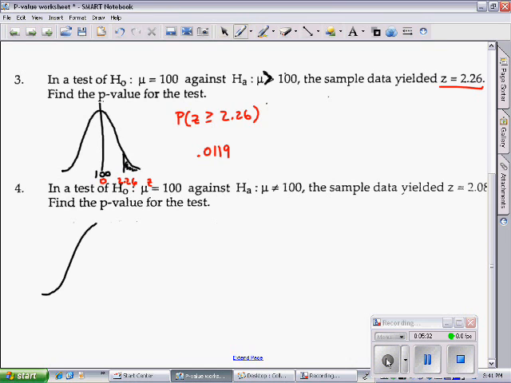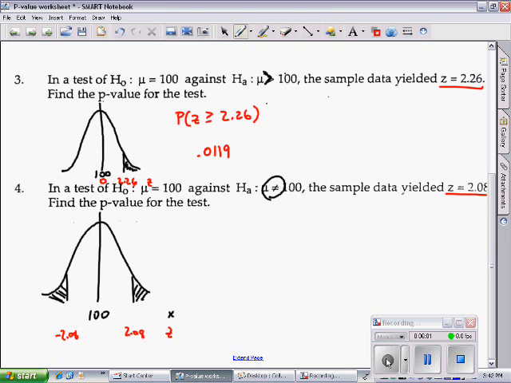Number 4 is a similar problem. It says again that the original belief was that the mean was 100. That's if I look at it in terms of x. But now I have a two-sided test. So I have this area and this area. Well, what if the z test statistic was 2.08? Then this over here would be negative 2.08 because it's symmetric. How likely is it that I would get something out there?